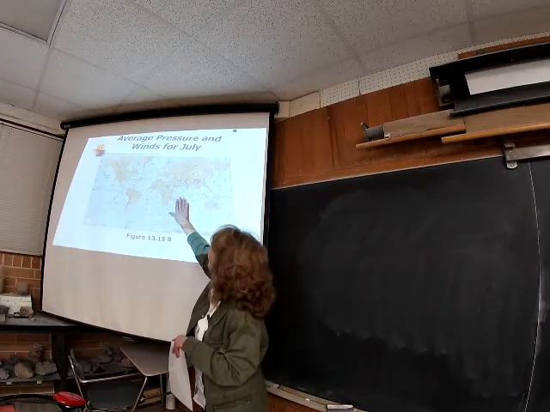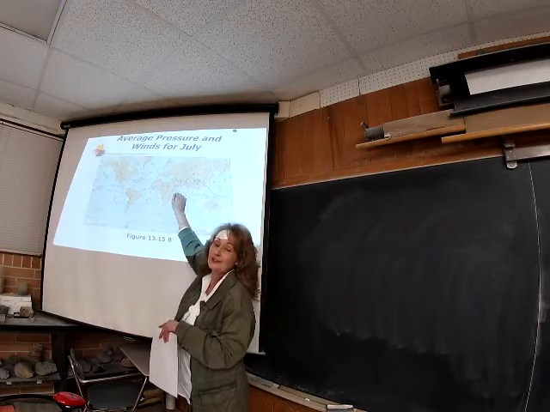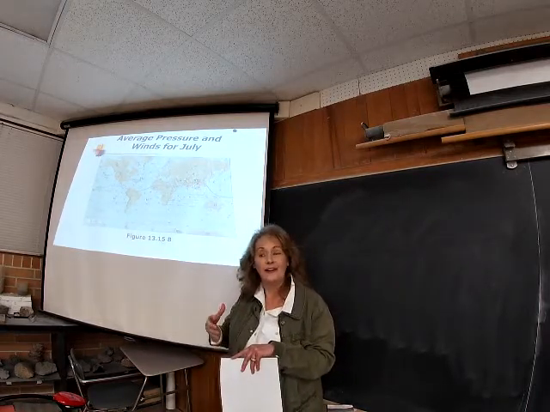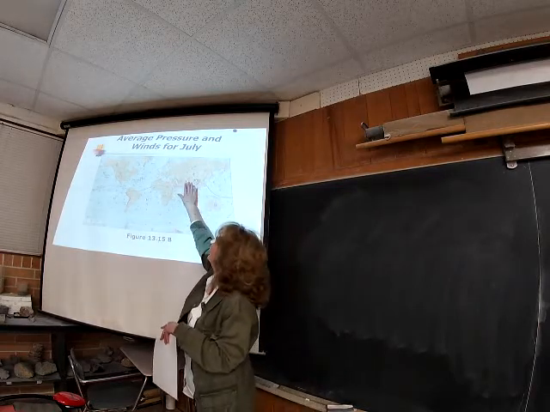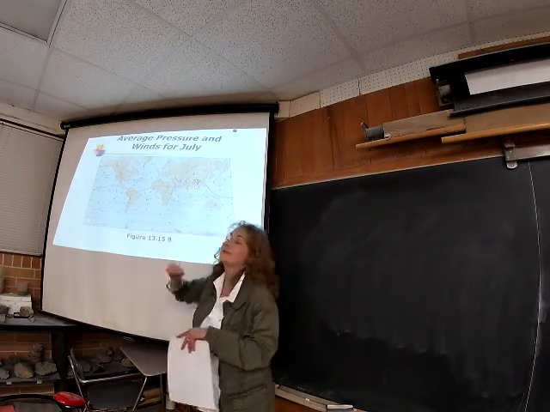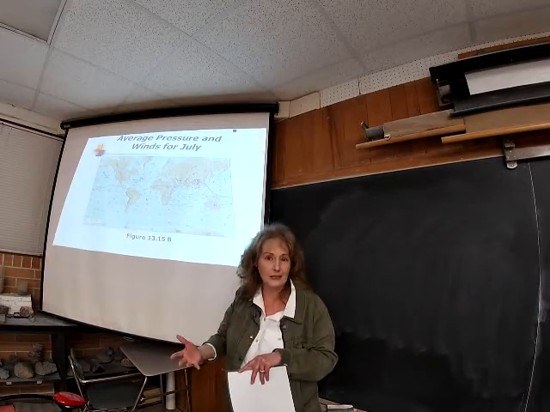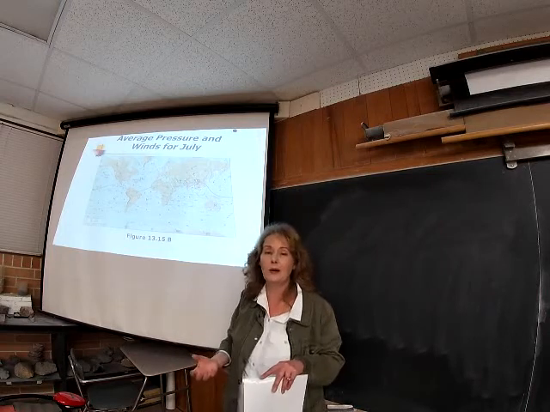It's coming from the water towards the land, bringing atmospheric moisture from the water over the land. Now you see a low pressure system there. A tremendous amount of precipitation. So it's like a reversal of the winds seasonally. A monsoon, and you get tremendous downpours of rain.